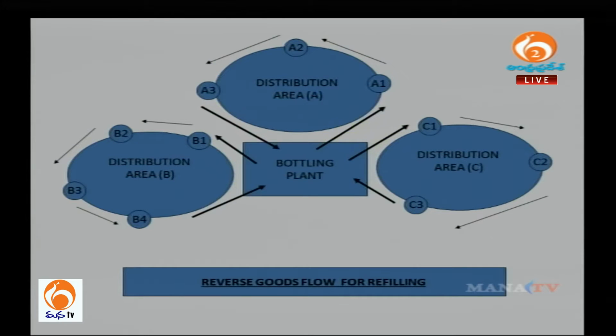One representative going into a distribution area visits the different units which have empty bottles, picks up the empty bottles and simultaneously delivers the filled bottles. This is done in all the distribution areas. Here we have shown 3 distribution areas, A, B and C, and they come to the common bottling plant, which is the hub.